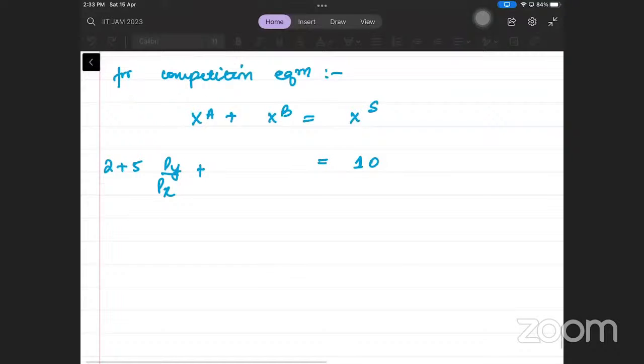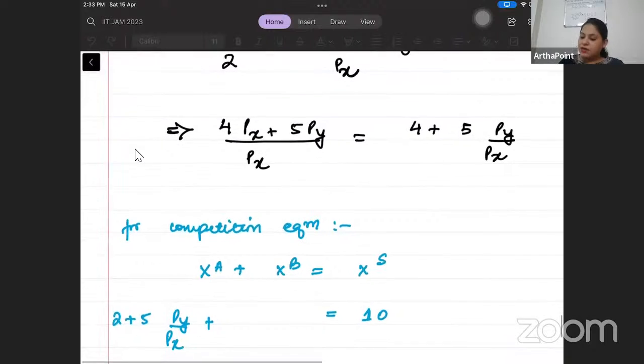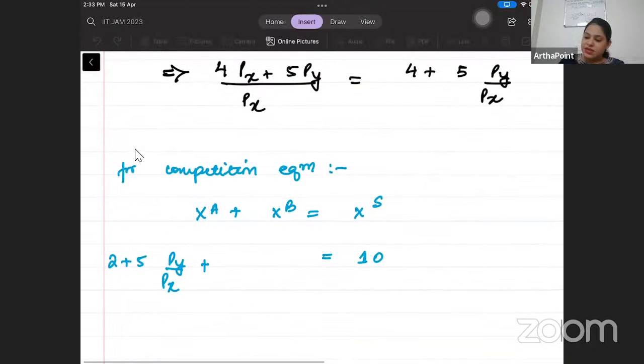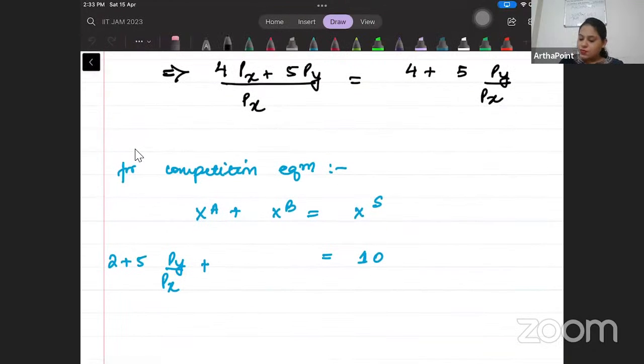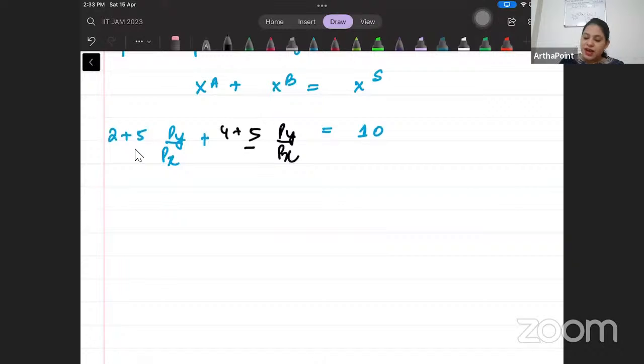Okay, let's go back to the question. So how much is individual B demanding? B is demanding 4 plus 5 py by px. So 4 plus 5 py by px. This is 10, right? So I get 4 plus 2, 6.